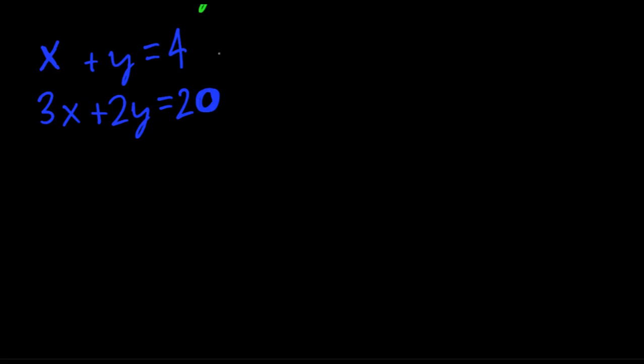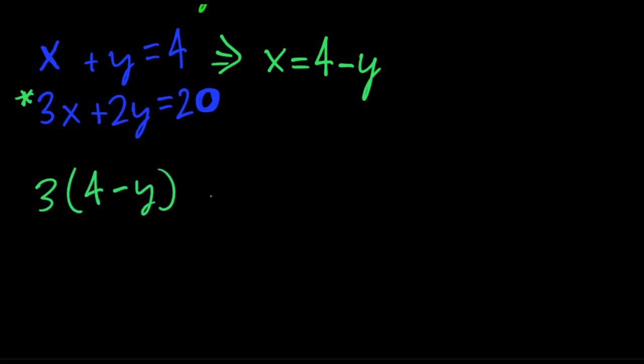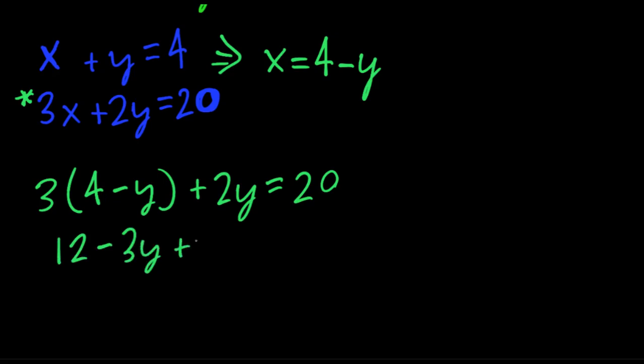Let's take the top expression and rearrange it to get x in terms of y. So if we did that, we would get x is equal to 4 minus y. And now that we have that, we can plug it in to this expression. So instead of x, we will put 3 times 4 minus y plus 2y is equal to 20. So now let's multiply that out. So 12 minus 3y plus 2y is equal to 20.